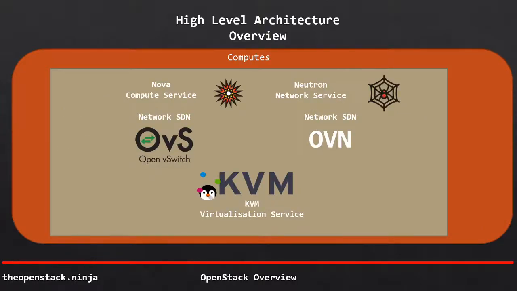So the compute nodes, as I said previously, are where your instances actually exist and where they run. On your compute nodes, you are going to find some Nova compute services running there, and some Neutron network services running there.